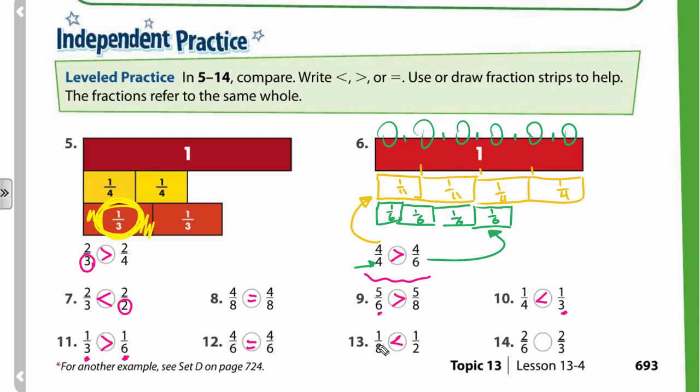Okay, Hassan. 2/6 is less than 2/3. Can you explain why? We have the same numerator, so the denominator is different.